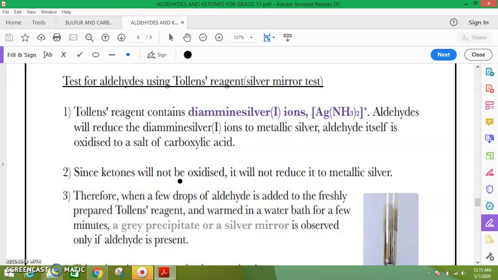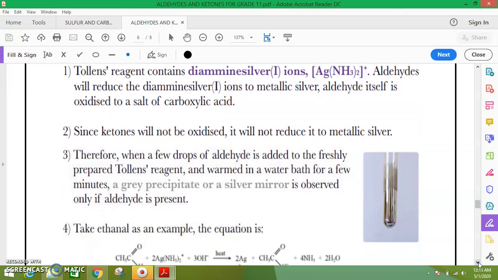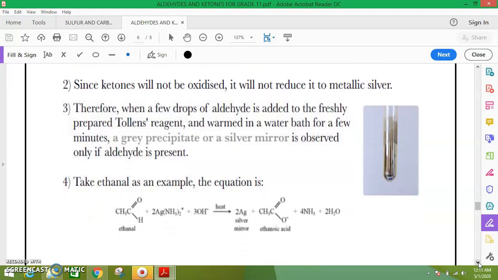Since ketone will not be oxidized, it will not reduce the ions to metallic silver. Therefore, when a few drops of aldehyde are added to freshly prepared Tollens reagent and warmed in a water bath for a few minutes, a grey precipitate or silver mirror is observed.